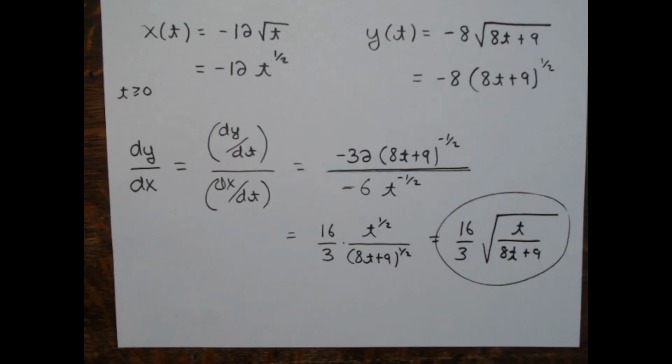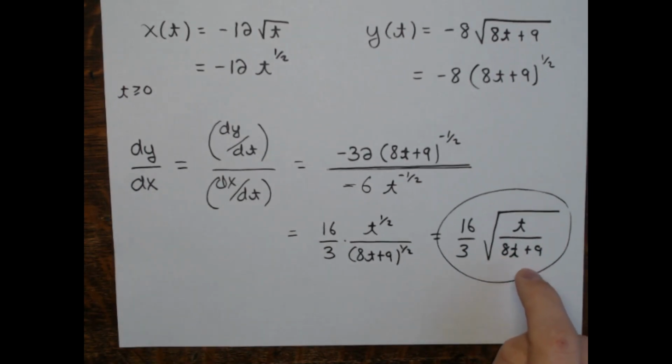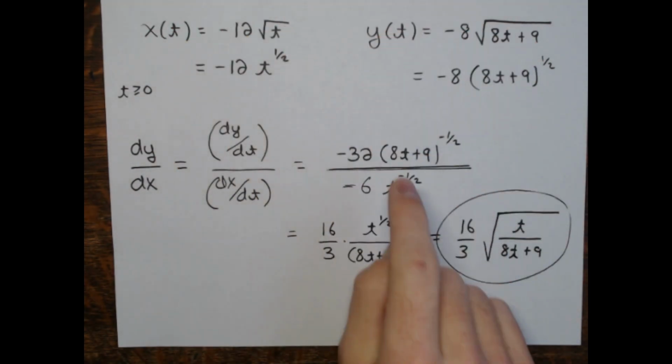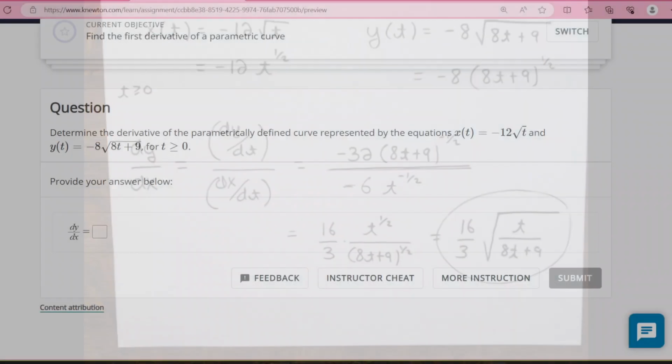And I'll type this. That expression would give me the slope of the tangent line to any point on the curve described by these equations. But again, I would need to know the value of t to find dy/dx, the slope of the tangent line.